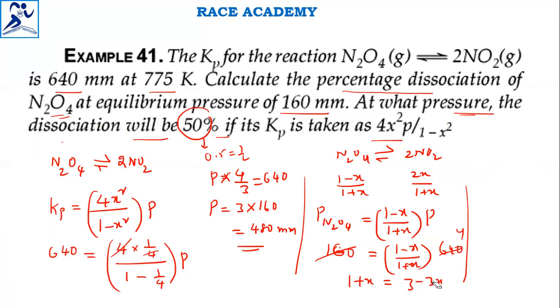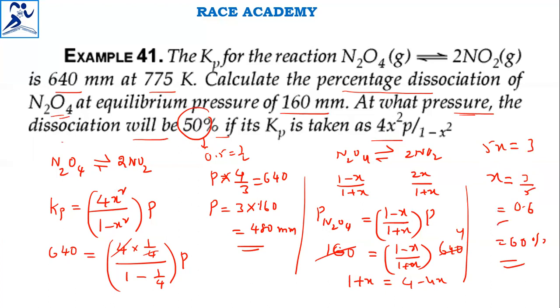Then we get 4 minus 4x. So it will be 5x is equal to 3. X is equal to 3 by 5, which is 0.6, meaning it is 60%.